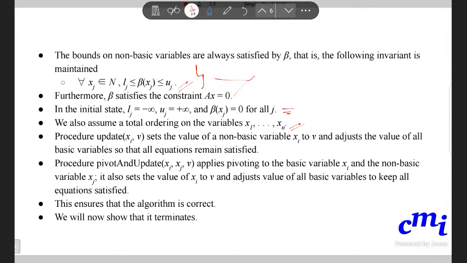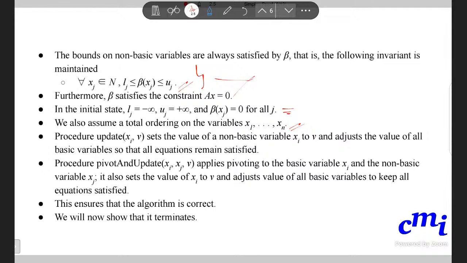As a matter of fact, when you pivoted, the algorithm adjusted the basic variable that enters the non-basic variable set just enough to either LJ or UJ.